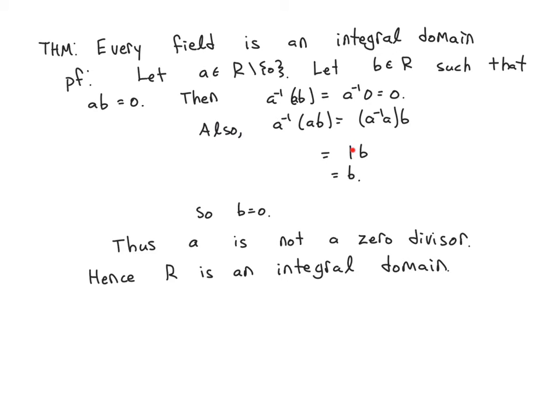A inverse times A is the multiplicative identity. Multiplicative identity times B gives you the multiplicand back, which is B. And so we see that B is equal to 0. Therefore, A is not a zero divisor. And since A was an arbitrary non-zero element, none of the elements are zero divisors. Hence, R is an integral domain.